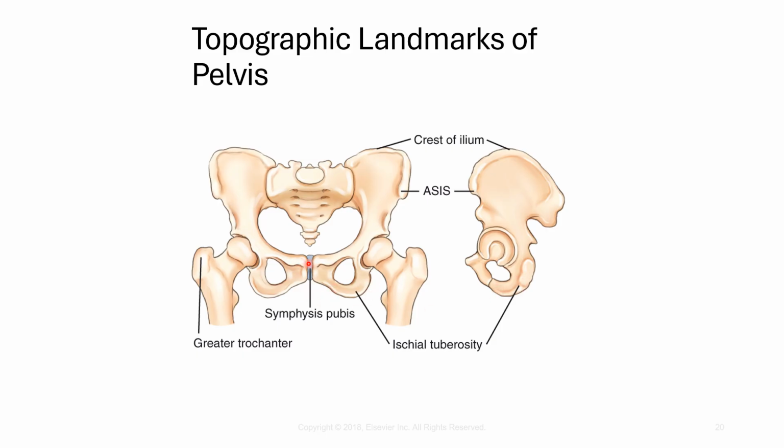Pubic symphysis is here, but the palpated portion is typically the anterior superior portion of both pubic bones. And then greater trochanter is this knob-like projection. But typically when you're palpating that, you tend to be in line with the pubic arch, and that is what we feel for abdomen positioning because this marks the inferior border of the abdomen.